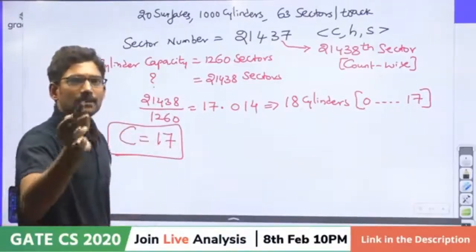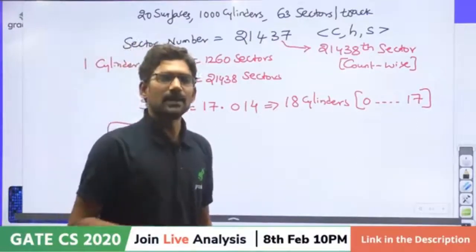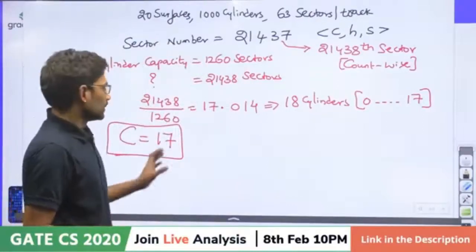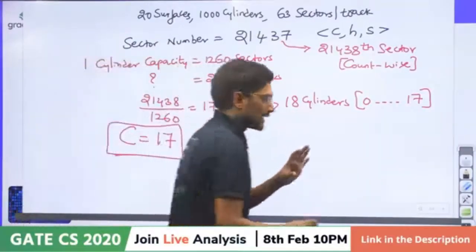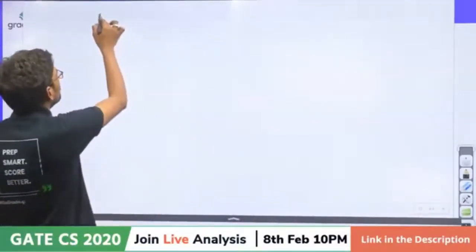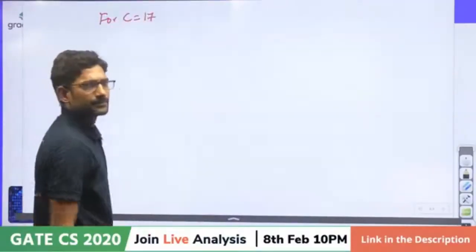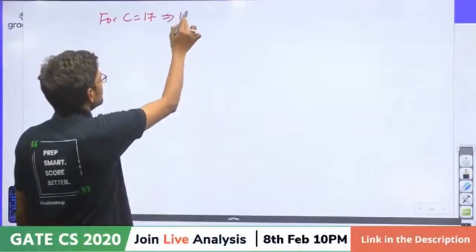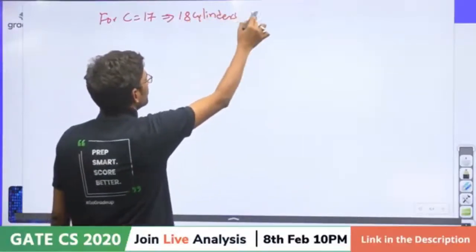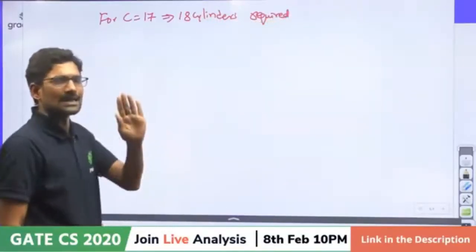So already Aman Raj is giving the value. Good. Now, let us calculate H. For C equal to 17, that indicates 18 cylinders are required. So we just need to step back one step.